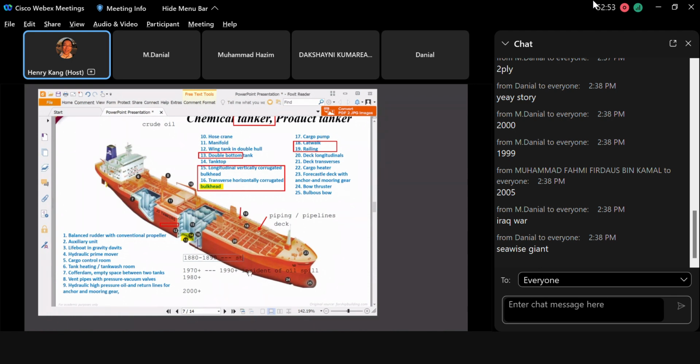I think the Titanic did not use it. But the Titanic had bulkheads, you know.